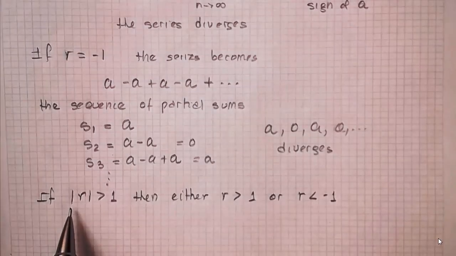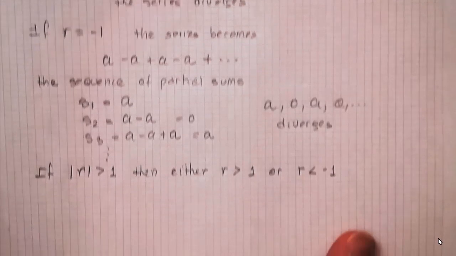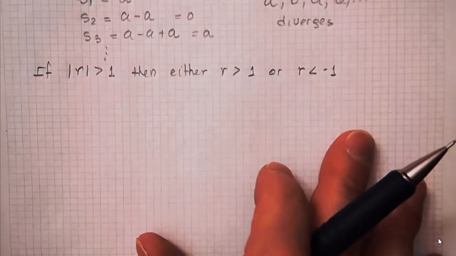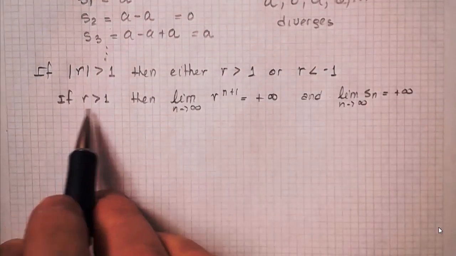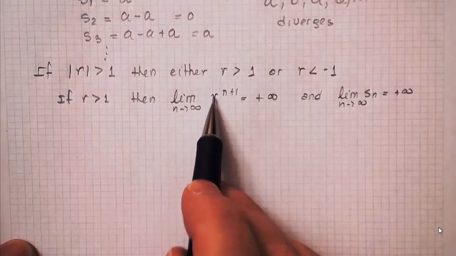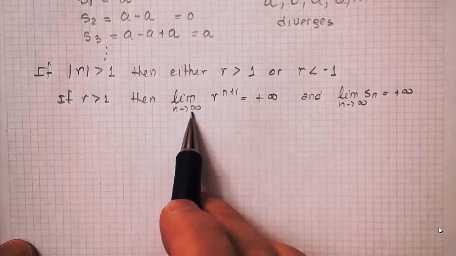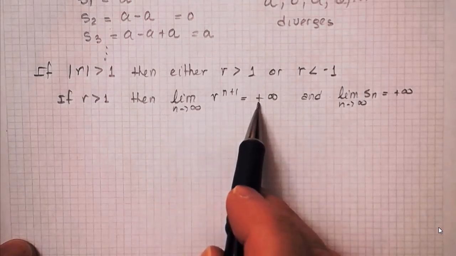Finally, if the absolute value of r is greater than 1, that means that either r is greater than 1 or r is less than -1. Now, if r is greater than 1, then the limit of this number greater than 1 raised to the n plus 1 when n approaches infinity will be plus infinity.